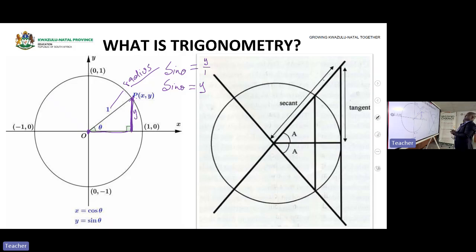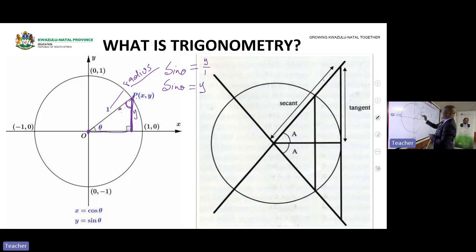And then the other question that we ask ourselves, what about cos? Cos, learners, simply means what? The complement of sine. If we take this diagram here, we have theta here, we've got 90 degrees here. What will be this angle? I'm sure we all know, the sum of the interior angles of a triangle adds up to 180. So to find this angle, we'll say 180 minus 90 minus theta.